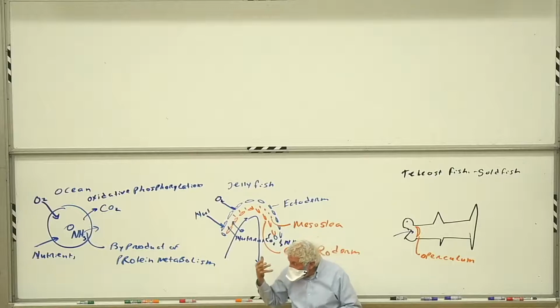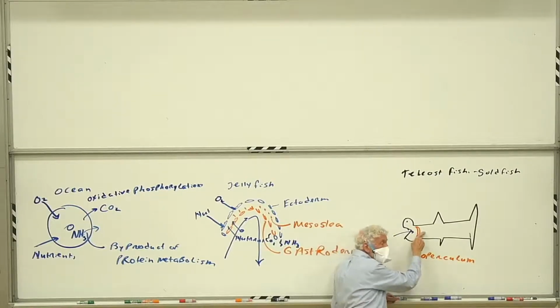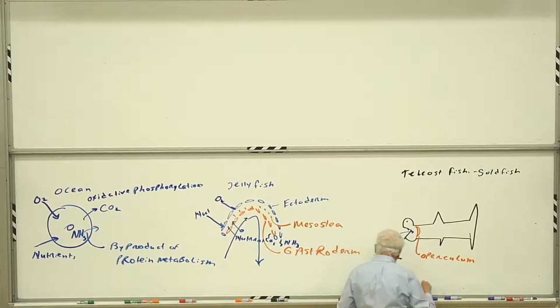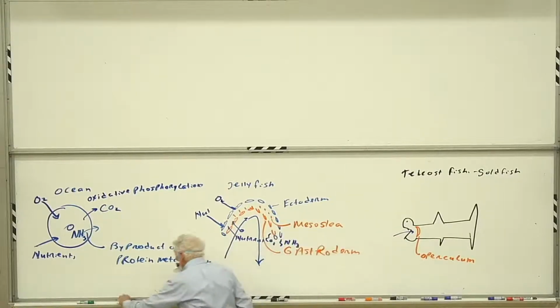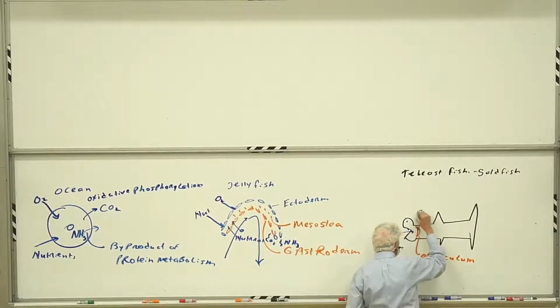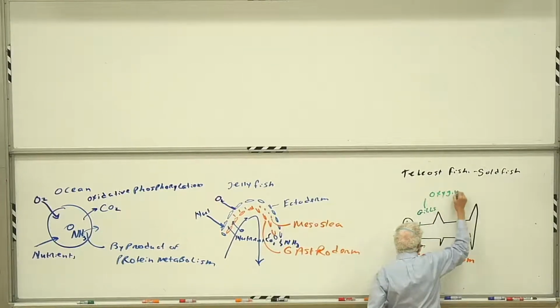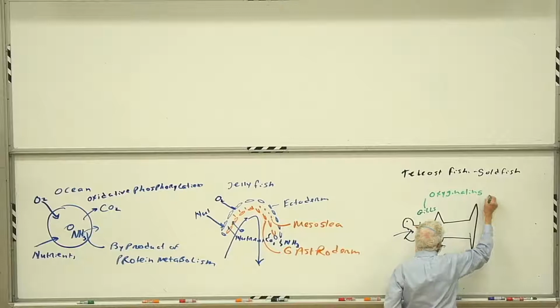What the fish is doing is it's bringing water in through its mouth and forcing that water across a deeper structure down here, which will be the gills. The gills are the oxygenating organ.